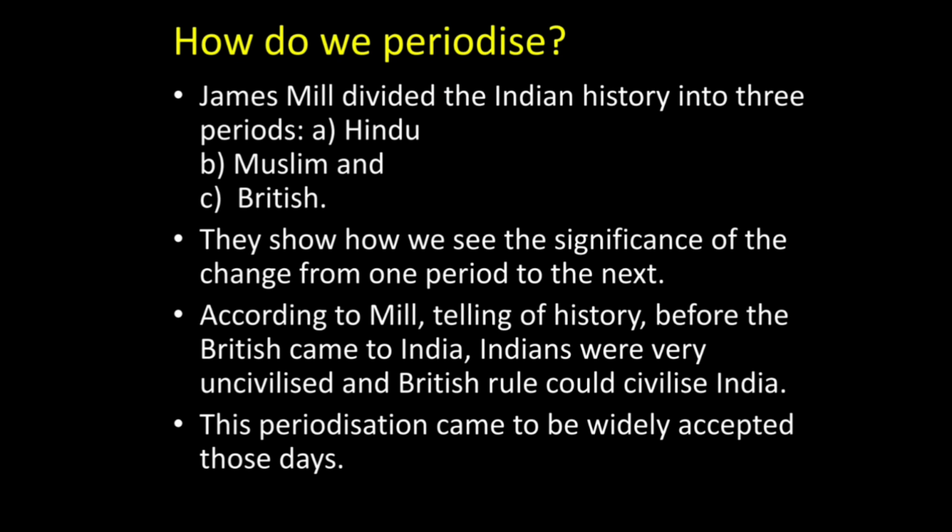So he thought that before the British period of Indian history, during the Hindu historical period and Muslim historical period of Indian history, Indians were very uncivilized and the British rule civilized India. According to James Mill, Indians were very uncivilized before the British rule in India, and the British rule in India civilized the Indian people.